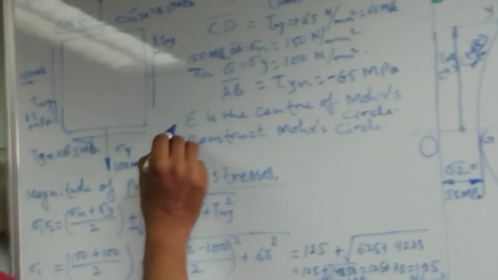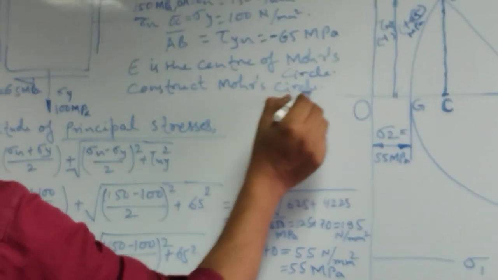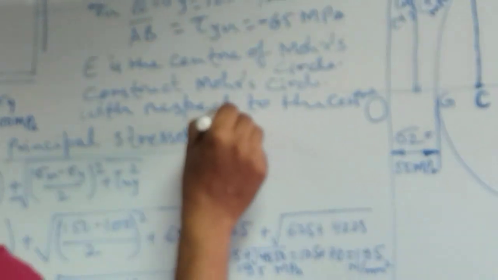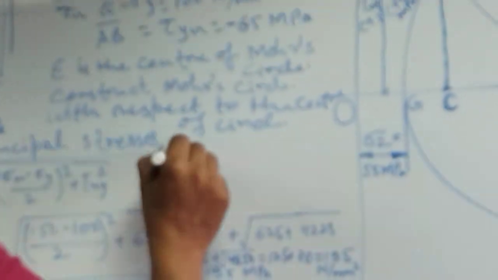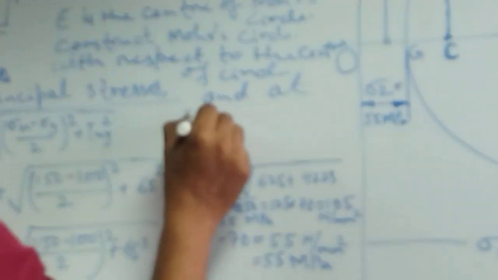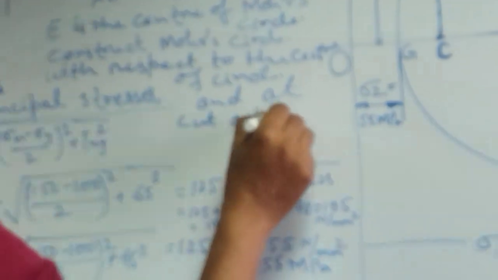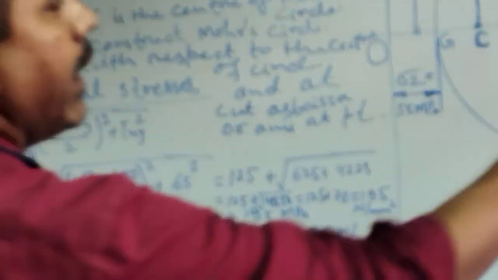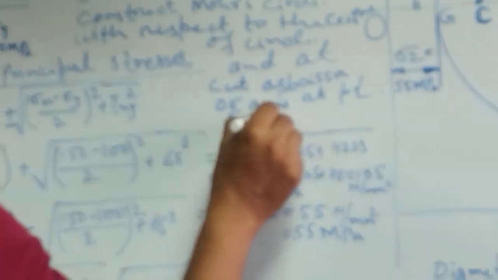We construct a circle with respect to the center, and it cuts the O sigma axis at points F and G.